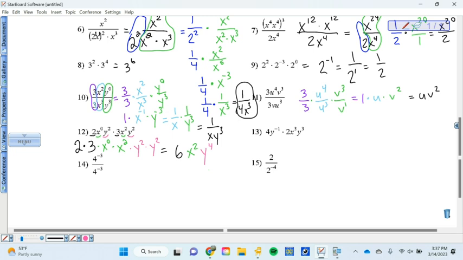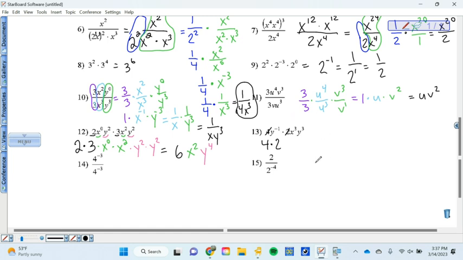Okay, 13. I've got a few different things. So what should I pull out in front? 4 times 2. And sometimes even when I have longer problems, I'll take 4 times 2 and then cross them off as I go. That kind of helps me.